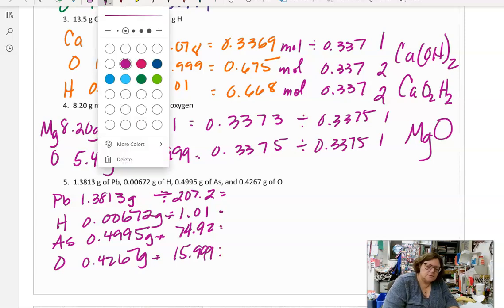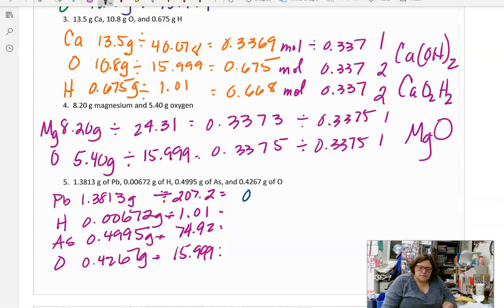I'll change color since I forgot to last time. So 1.3813 divided by 207.2, 0.00667. 0.00672 divided by 1.01, 0.00665.